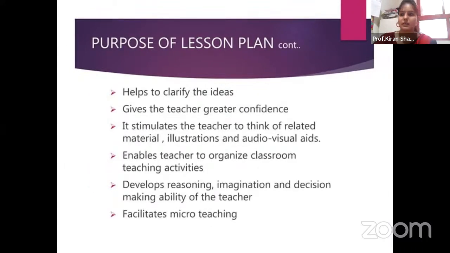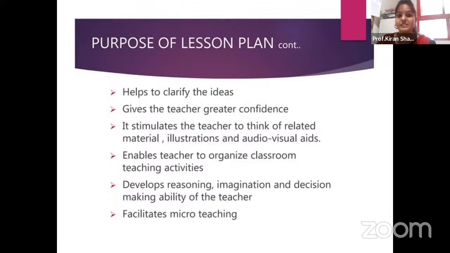Next, the lesson plan clarifies the idea, and it gives confidence to the teacher and stimulates the teacher to think of related material, illustrations, and audio-visual aids.